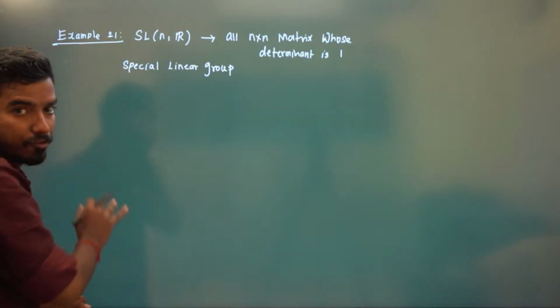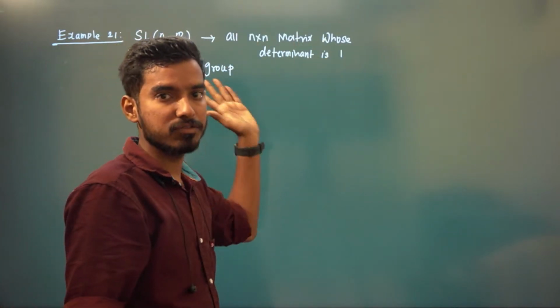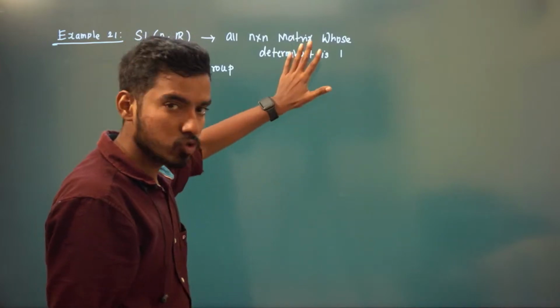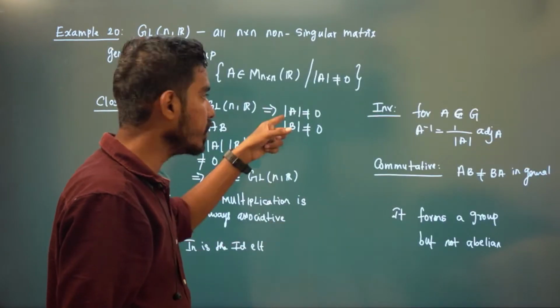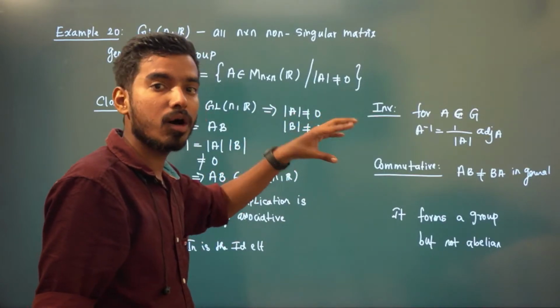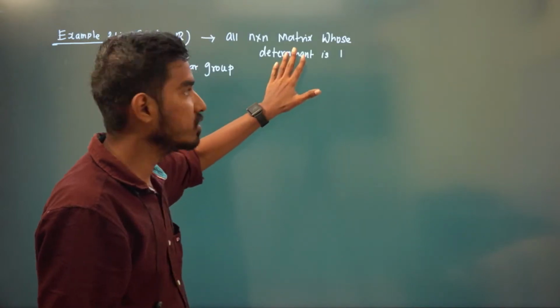See, this is a subset of GL(n, R). Yes or no? SL(n, R) is a subset of GL(n, R), because all the elements in this group will also be there, since GL consists of all those matrices whose determinant is not equal to 0. Here is a special case, so this is a subset.